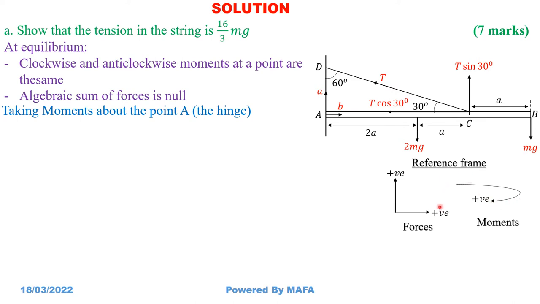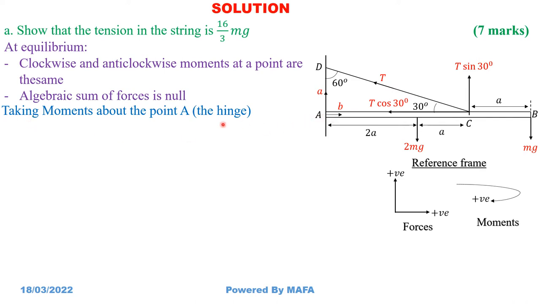Therefore the reverse, which is anti-clockwise, is going to be negative. If we take moments about the point A, that is the hinge, remember the moment of a force about a point is the force times its perpendicular distance from that point.